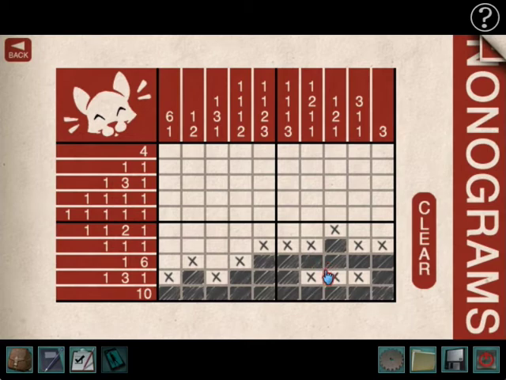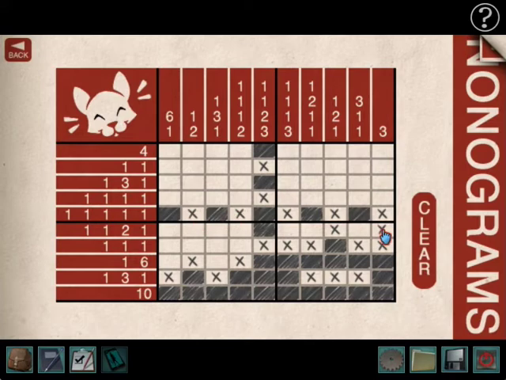I was trying to be on the lookout for things I may have missed earlier. Okay, we know that this has to be like this, because there's no other way that that can work. And that has to be like that, because there's no other way that could work. I mean, I can't shift anything over there. It has to be like that.